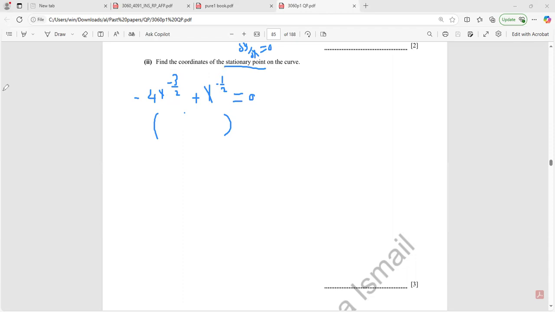So I'm going to take x to the power of negative half outside, which leaves plus 1 here. And all that is equal to 0.